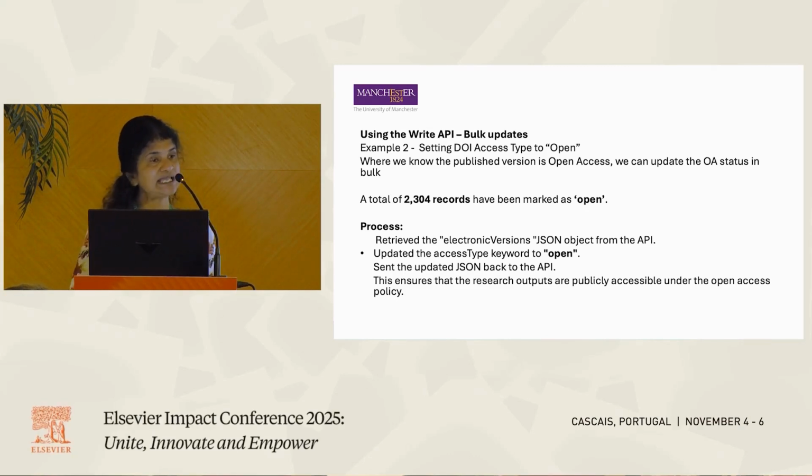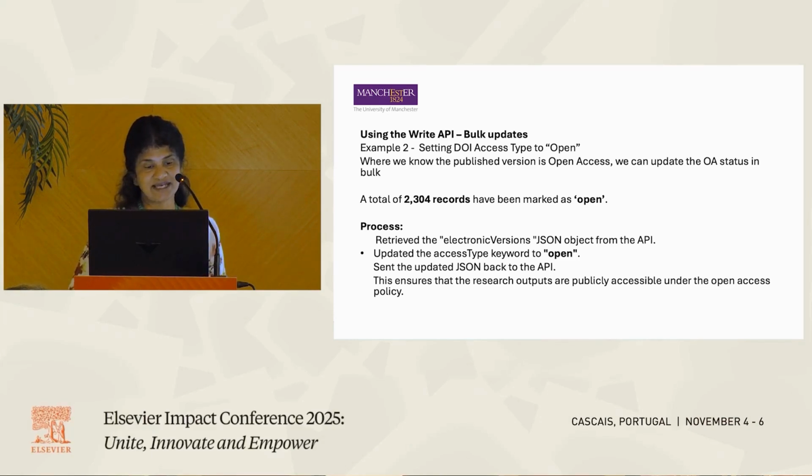We retrieve the electronic version part of the JSON for that record via the API, update the access type to open, and then send the updated information back. So we use the Read API first to bring that small snippet, then update a particular piece of information and send it back. This ensures that the research outputs are publicly accessible under the open access policy, all handled automatically and efficiently.